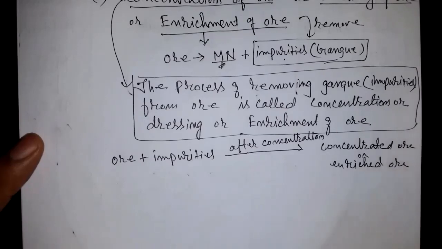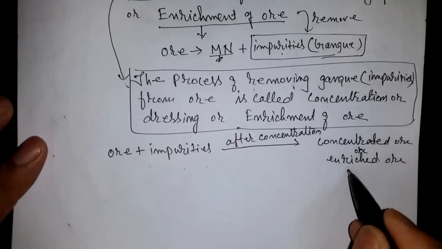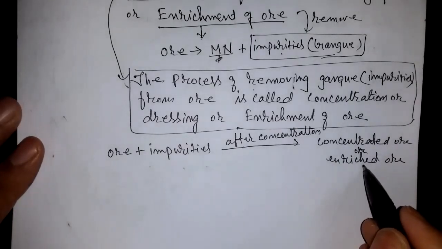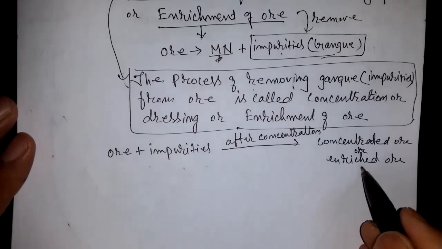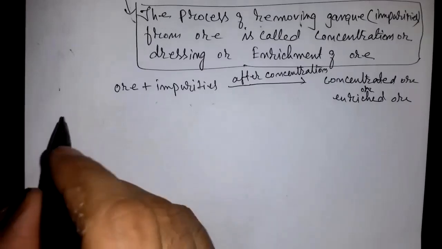Because after removing impurity, the percentage of metal present in the ore increases. That's why it is called enrichment. The ore is enriched with the metal, meaning the percentage of metal is increasing because we have removed the dirty material. Okay, after this we'll go to step 2.